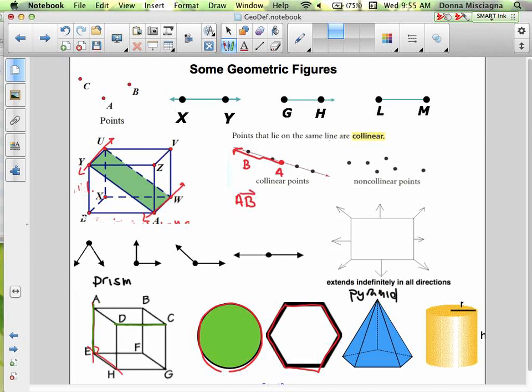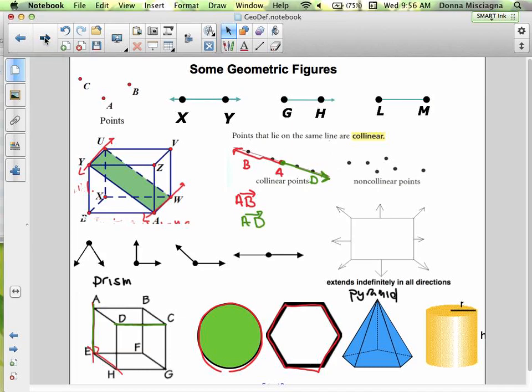So there's ray AB, and we'll call that point D. We're using the letters badly because the board is being bad. All right, and there we have ray AD. Those are opposite rays. They share an endpoint. They go in opposite directions. They do not overlap, and they create a line.